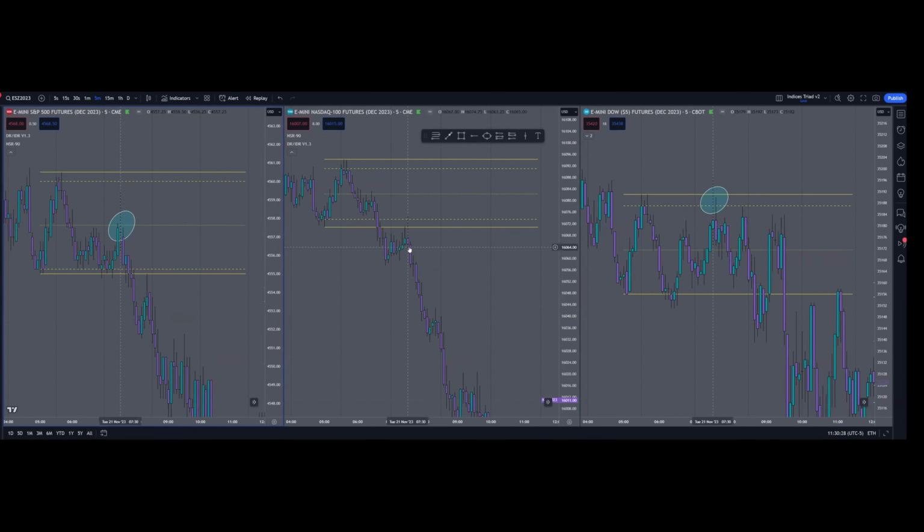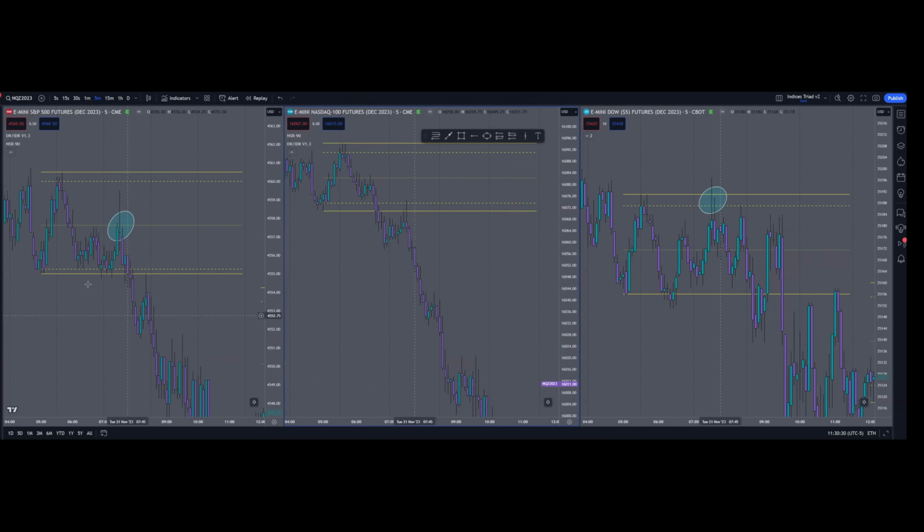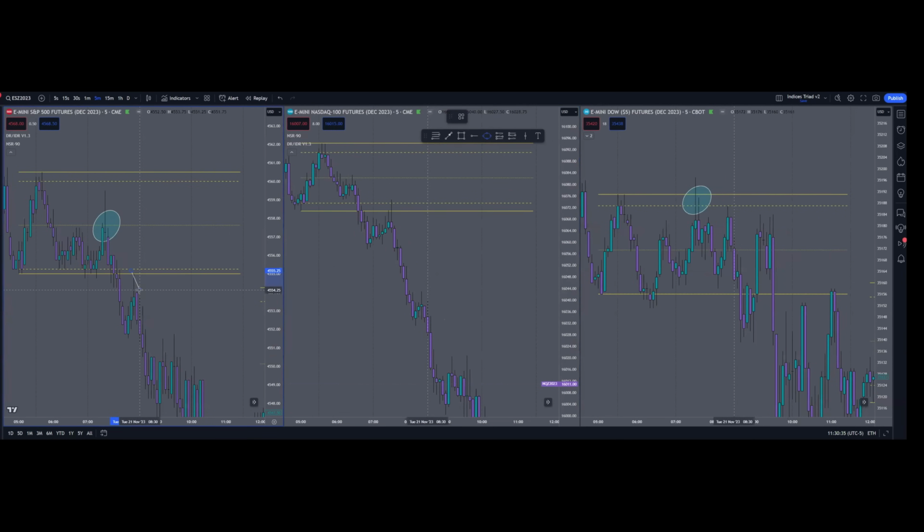Okay, so let's say you missed this, but this was a nice, simple example, in my opinion. Look what happens next, a little bit later, around 8:30 also, right? 8:20, 8:25, 8:30. So this price literally comes to the low of the range, while NASDAQ doesn't do anything, just a small retracement.